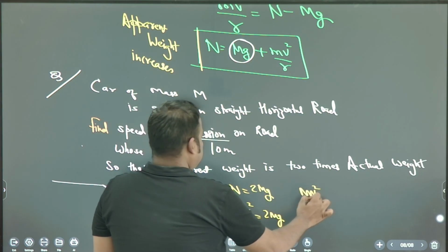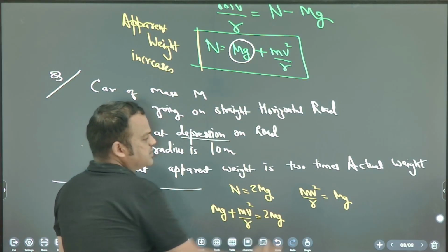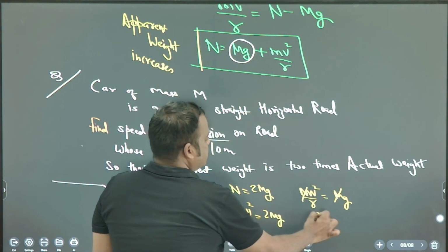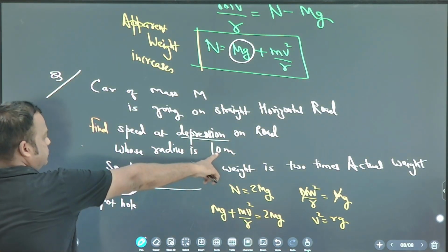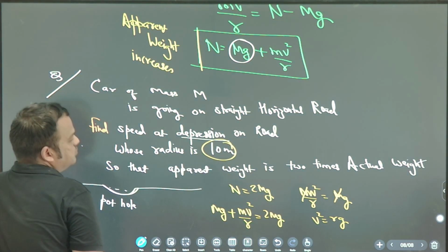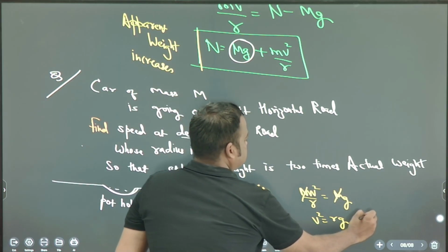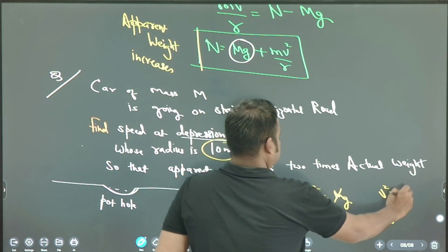So mv square by r is equal to mg. Cancel. So v square is equal to rg. What is r value? Radius of depression, 10. G value 10. So what is v square?